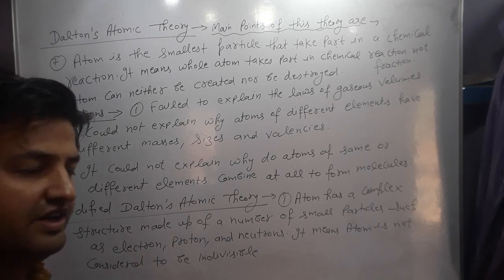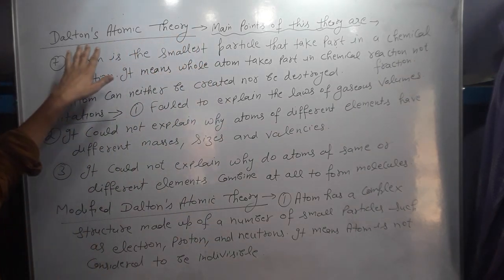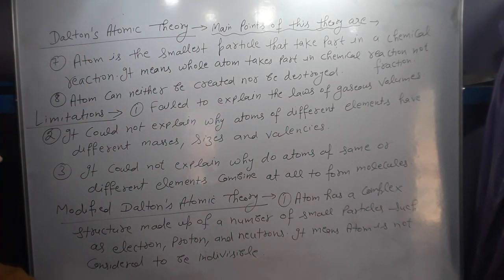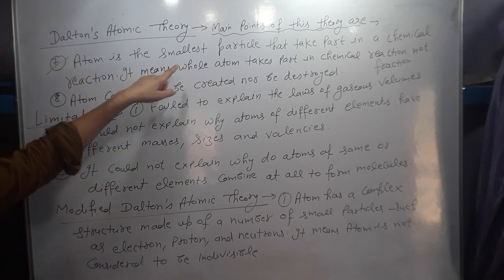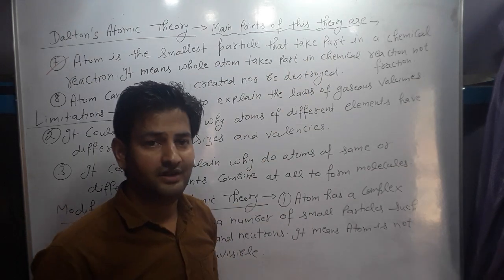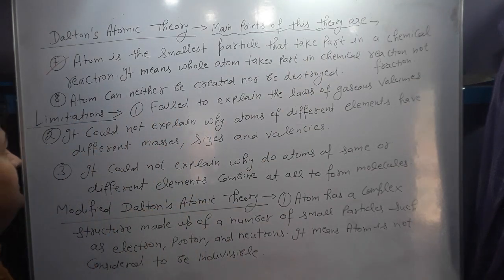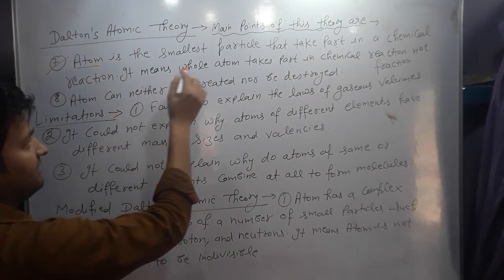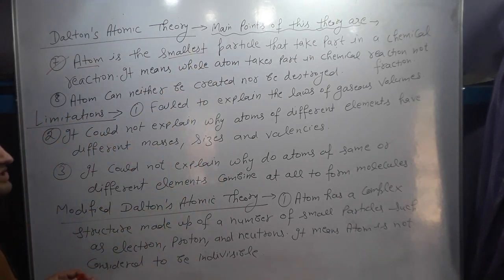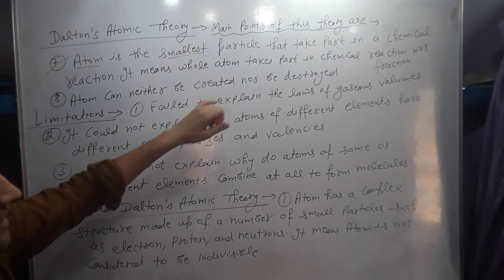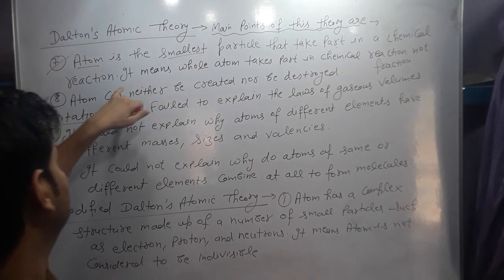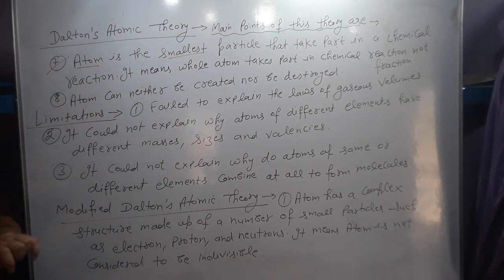Okay students, the next point in Dalton's atomic theory is the seventh point: the atom is the smallest particle that takes part in a chemical reaction. Atom वही particle है, छोटे से छोटा, the smallest particle that takes part in the chemical reaction. Chemical reactions के अंदर तो participate करेगा.